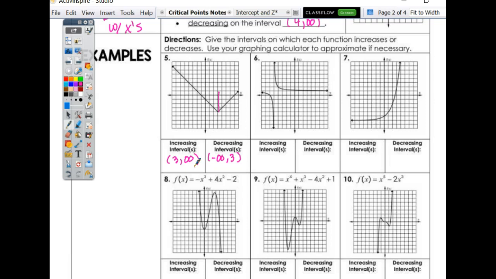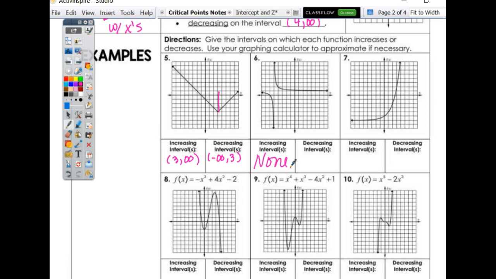This one? Right here? If I put my finger on it, it's going down. That's got to be decreasing. And what's happening here? So there is no increasing. Do not be afraid to answer. I can't find one.